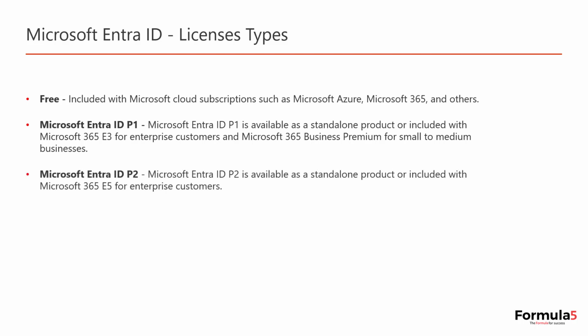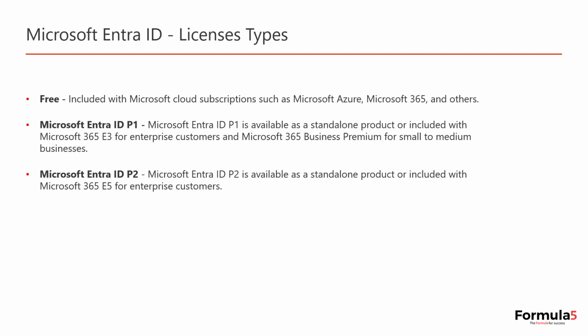And then we have Microsoft Entra ID P2 or Premium P2, which is available as a standalone product or included with Microsoft 365 E5 for enterprise customers. Typically in the enterprise world, we will see those two license types: Microsoft Entra ID P1 in smaller organizations and probably Microsoft Entra ID P2 in larger organizations.